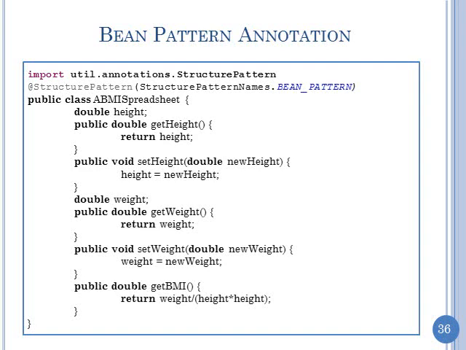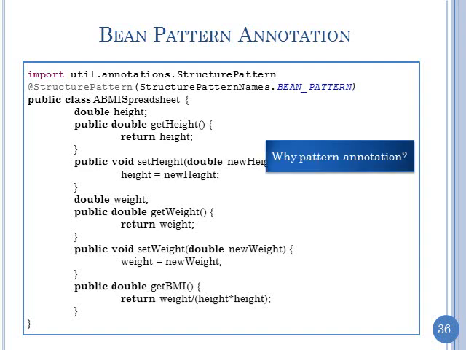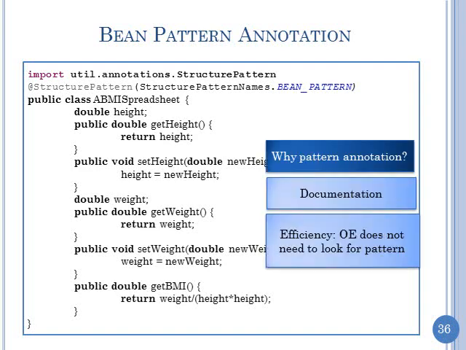Okay, it goes to the code and says, is the code following no pattern? Is it following the bean pattern? Is it following something called the list pattern? So it has to do a lot of searching. Here it says, oh, bean pattern. Let me just verify whether it's a bean pattern. I don't have to go and search and figure out what pattern it is. Okay? So it's documentation and efficiency. OE does not need to look for the pattern.